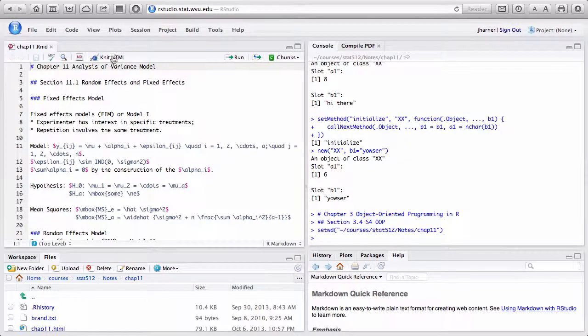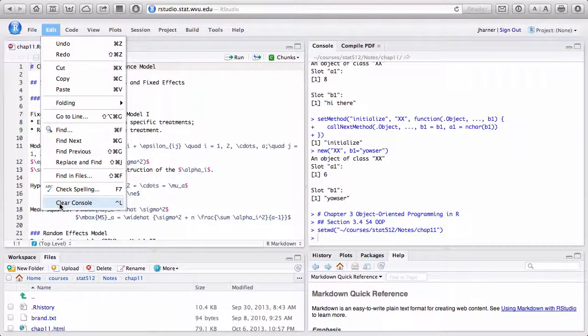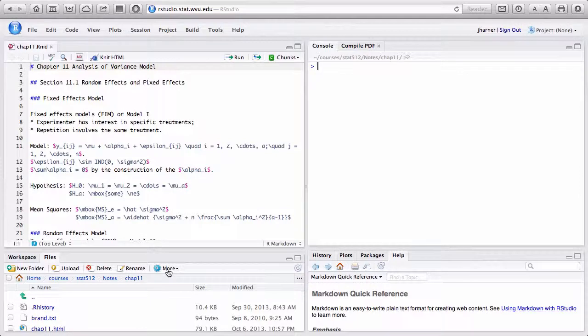I'll set this as the working directory, and actually I'm going to clear this code. I'm going to clear the console. One of the things I discovered, and I believe the problem with the graphs not showing up, is that this window has to be big enough, or it simply doesn't.